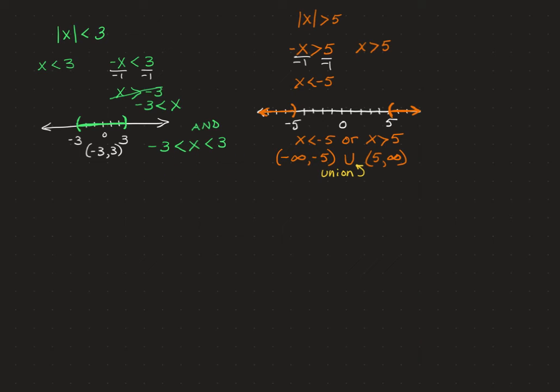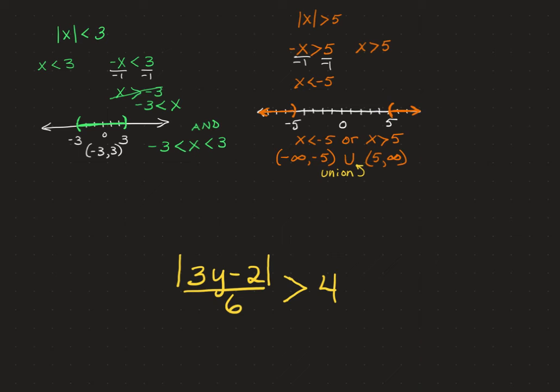In our second case, where we're solving for an absolute value greater than a value, we're going to wind up with two separate regions, two separate intervals, which is where we get this notation and the name, that we have to combine with either an "or," because a number can be over here, or it can be over here. It can't be in both of them.